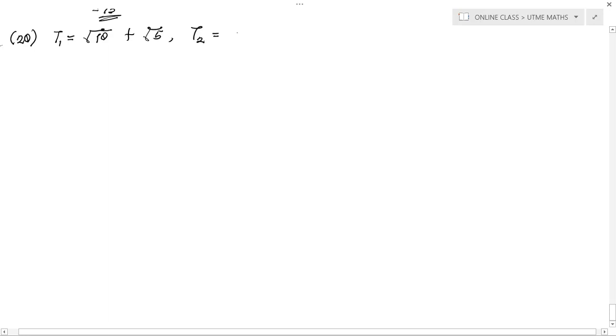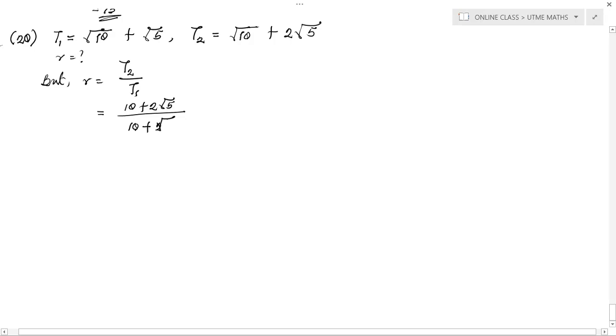T2 is root 10 plus 2 root 5. We have to find R. But in this case, R equals T2 over T1. And that will give you root 10 plus 2 root 5 divided by root 10 plus root 5.